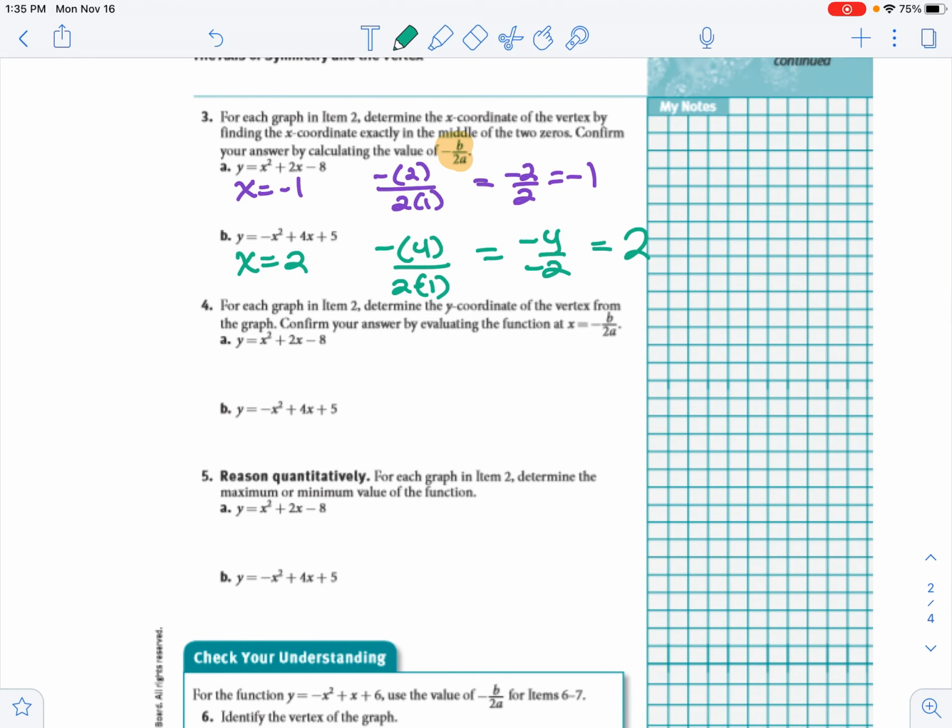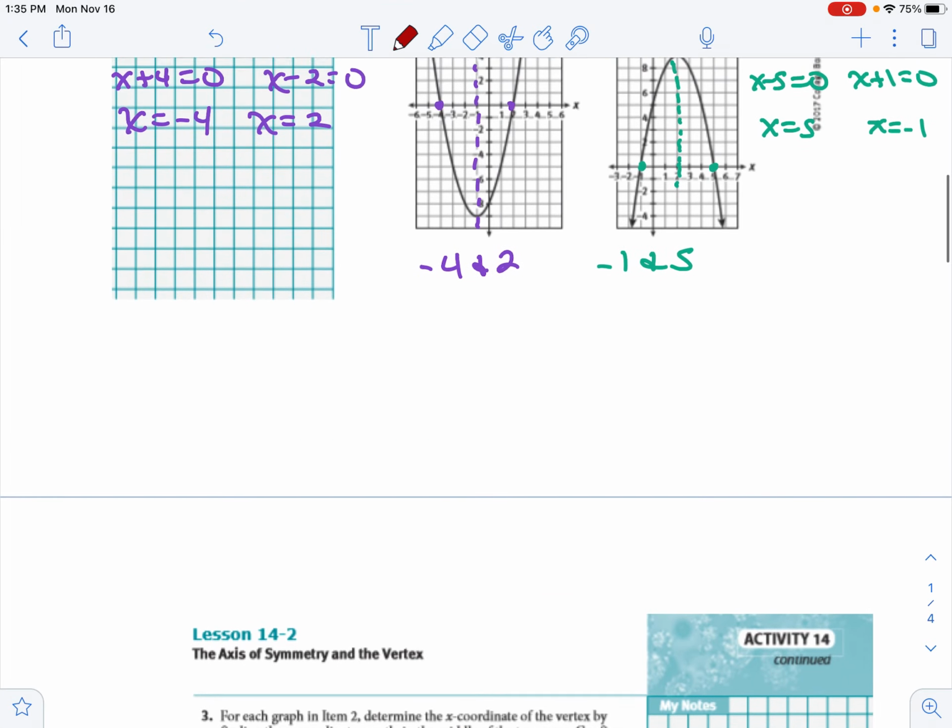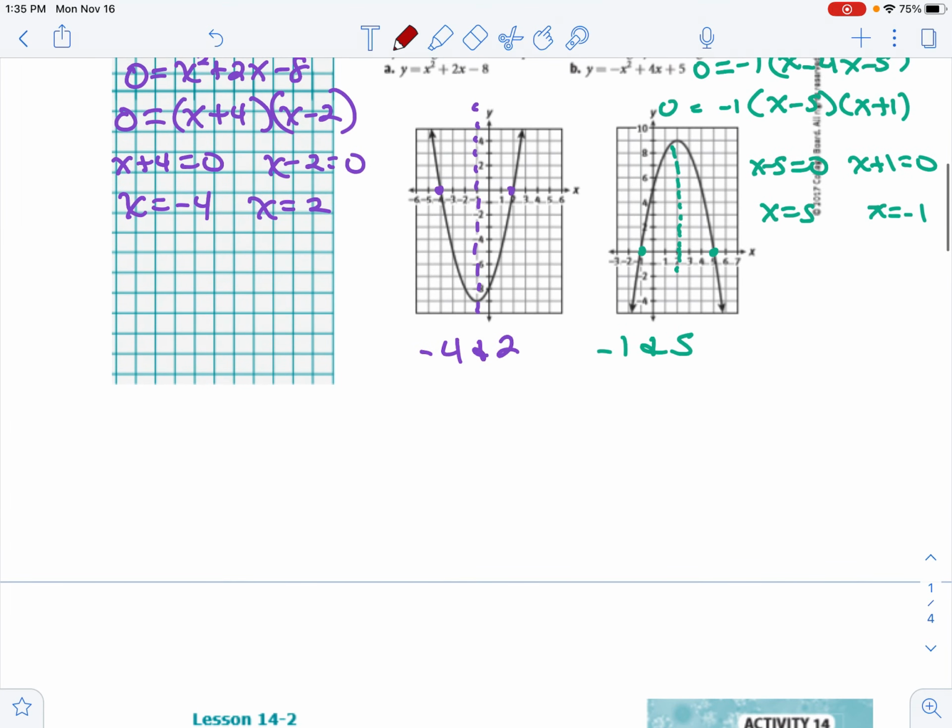Once you get the x value of the vertex, you can get the y coordinate just by plugging it back into the function. To find y for part A, I'm going to put negative 1 squared plus 2 times negative 1 minus 8, which is 1 minus 2 minus 8, which is negative 1 minus 8, which is negative 9. So the y value of the vertex, as we can see in part A, is down here at negative 9.